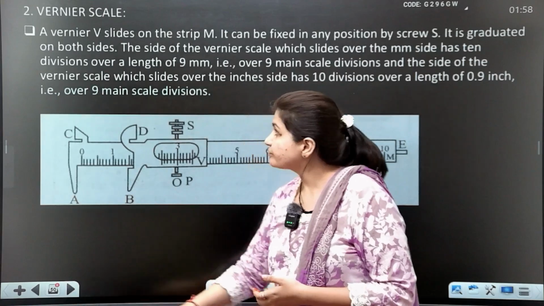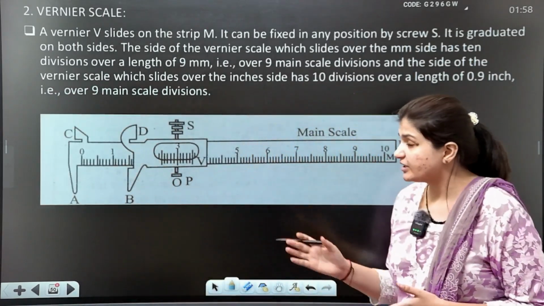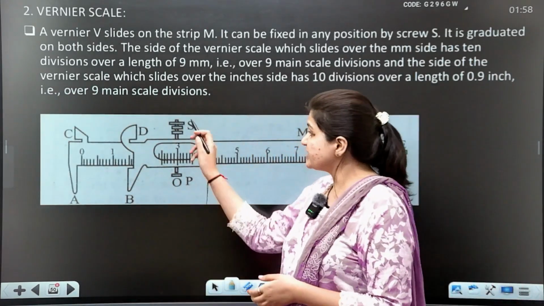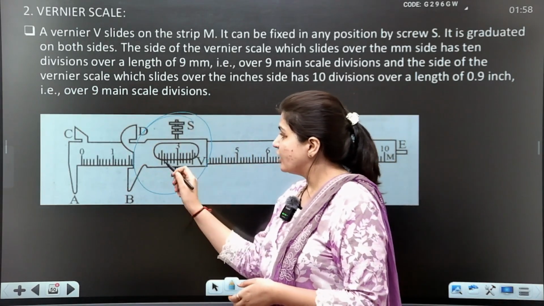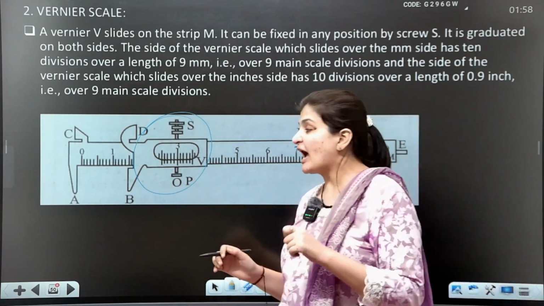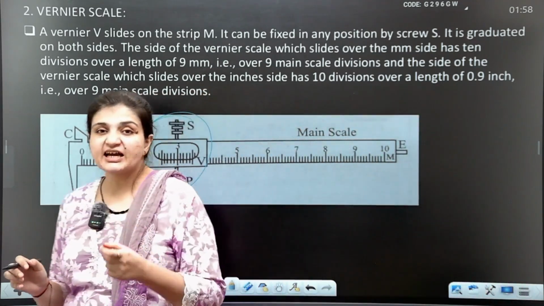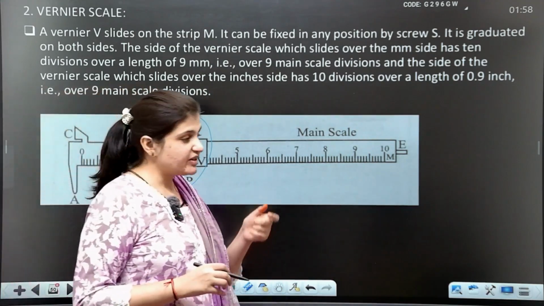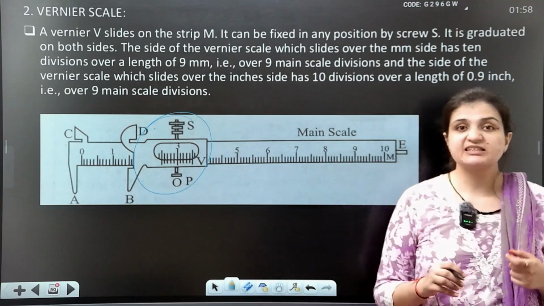Now we have the vernier scale, where the readings are very much smaller, because we have to measure the values to a precise level.